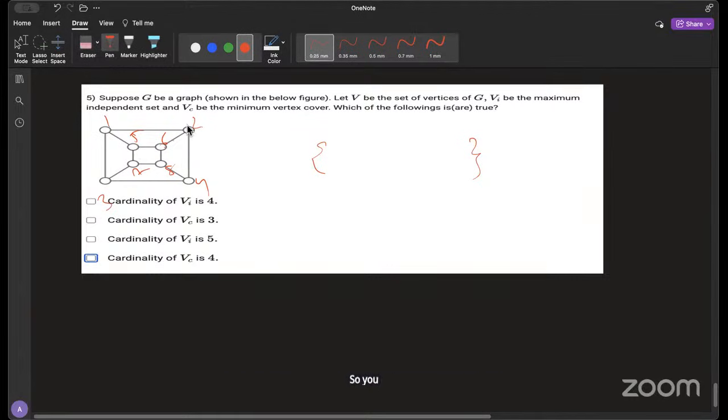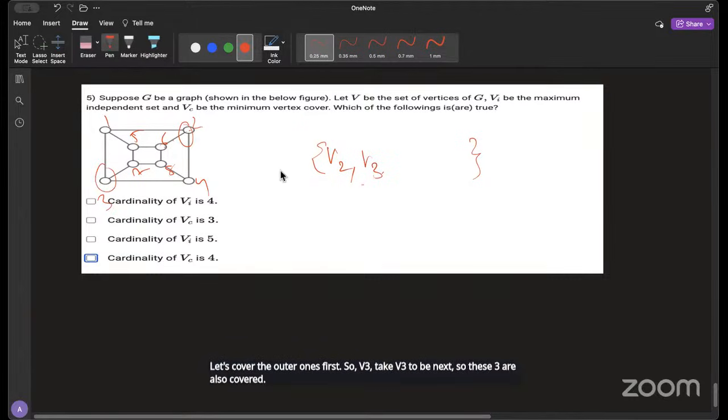So you start with this one. If you start with this one, these three are already covered. So we take V2. Then let's cover the outer ones first, so take V3 next. So these three outer ones are already covered.